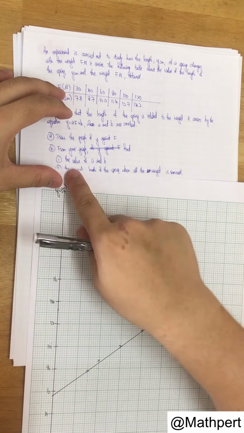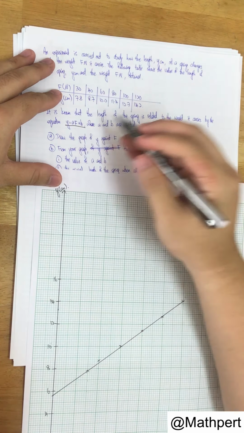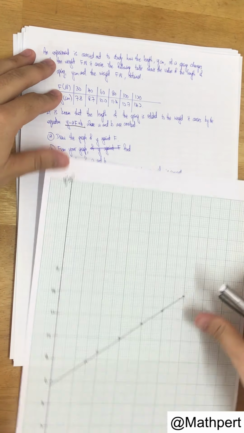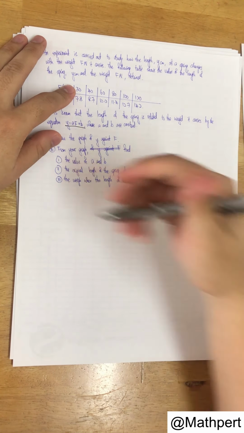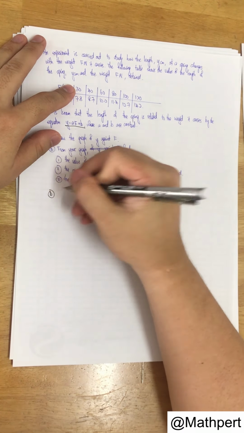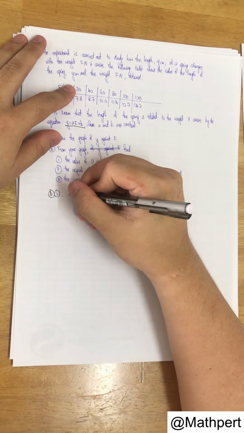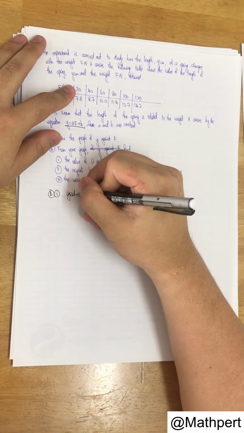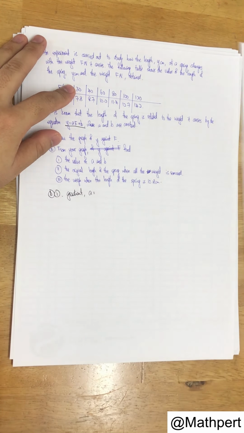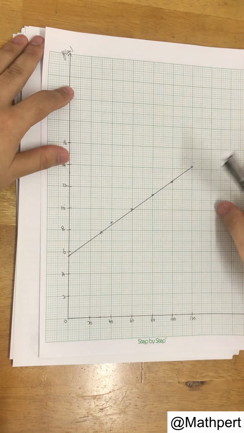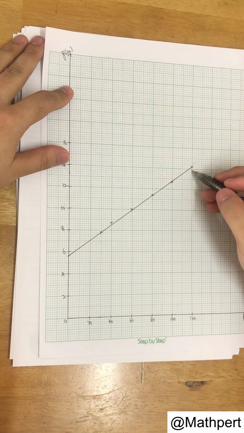Then the second part, find the value of A and B. Y equals AF plus B. So A is a gradient. Part B, part 1. Okay, gradient. A equals to, which points do we want to use? Let's use 30 and 120, these 2 points.